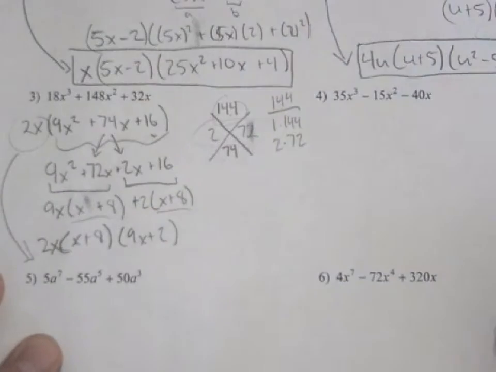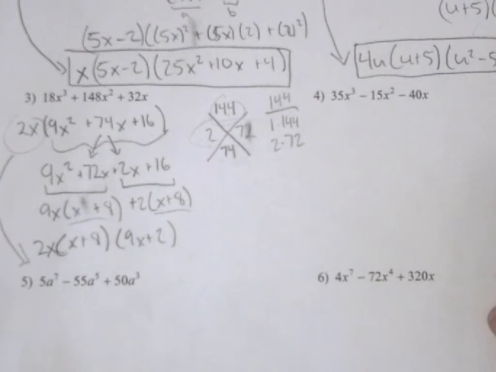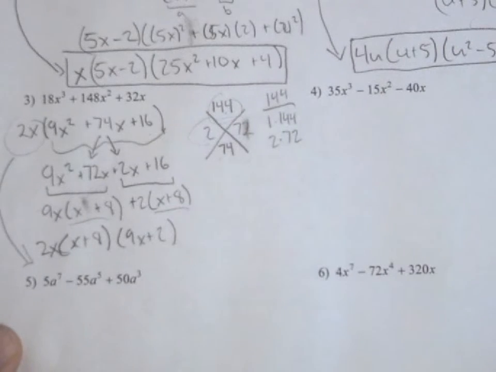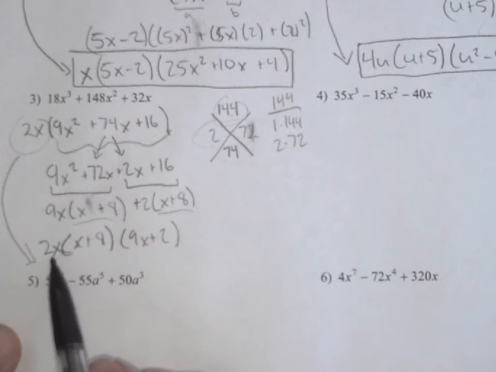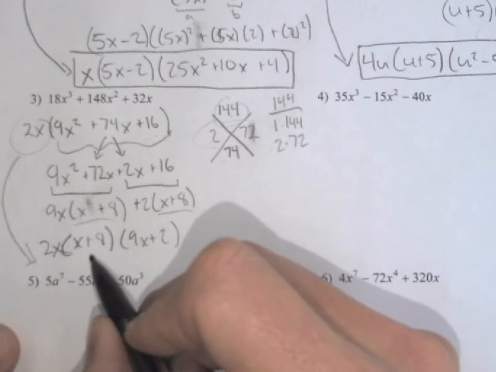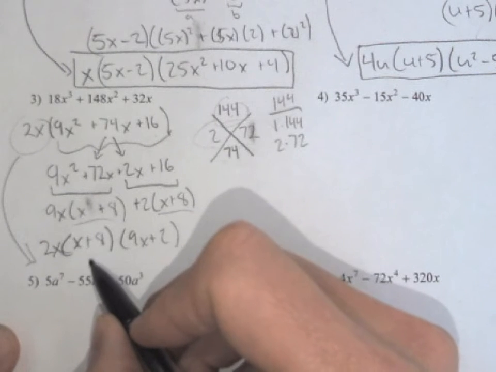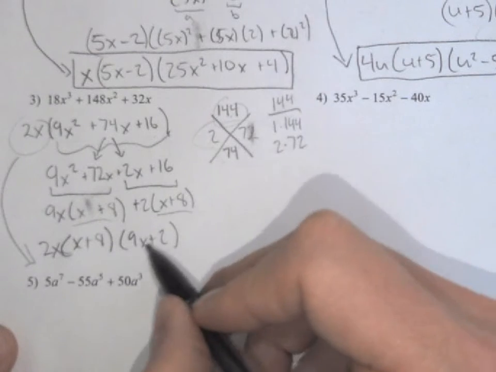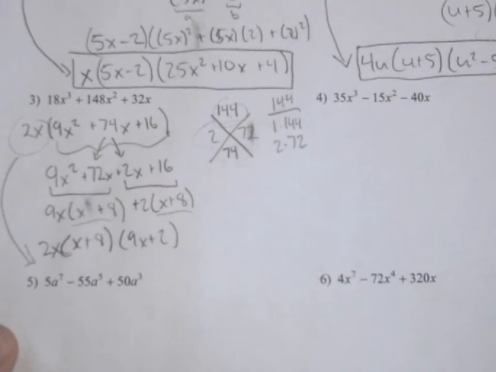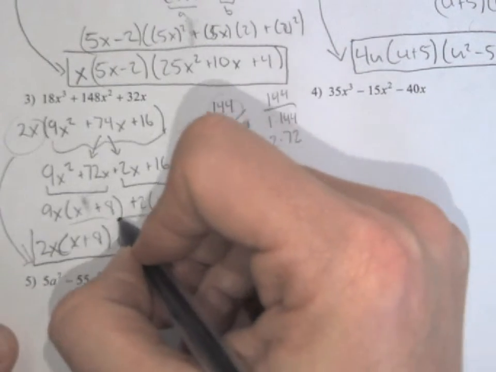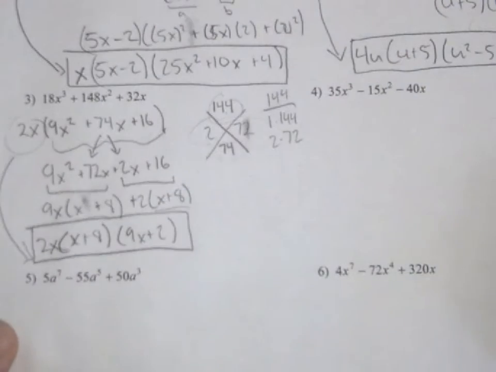Now step 3 would be to check to see if anything else can be factored. We already got our greatest common factor out here. We got this binomial, but that's not a difference of squares or a difference of cubes or a sum of cubes, and neither is this. So neither of these two binomials will factor any further. The greatest common factor is already out there. So there we go. That's going to be the answer.